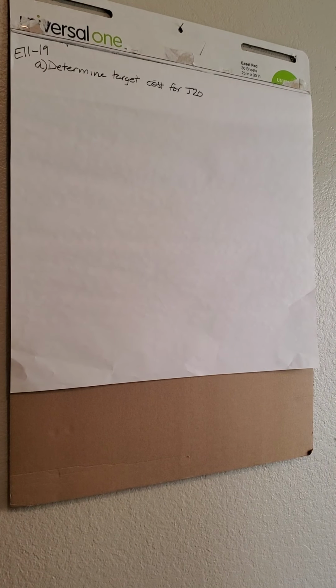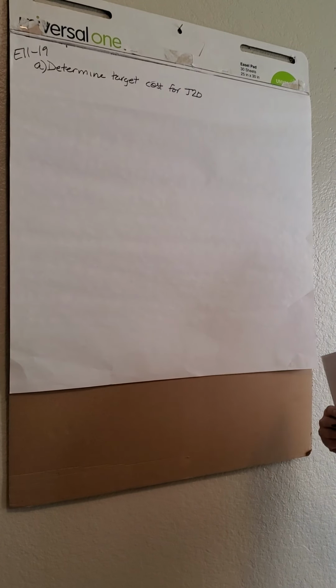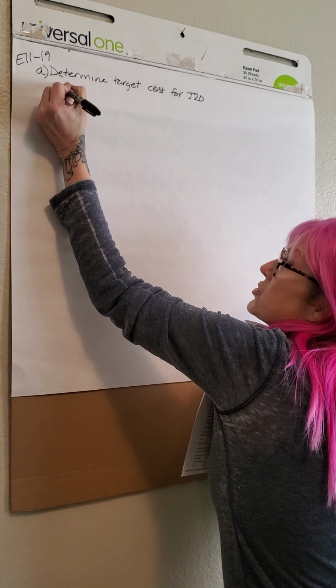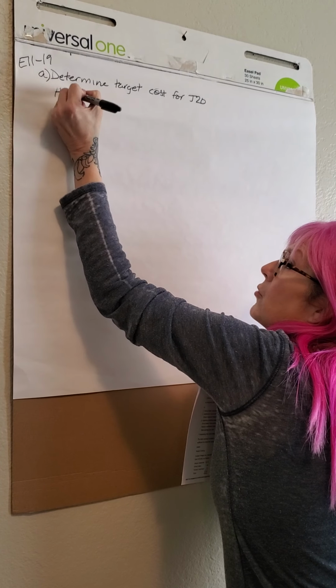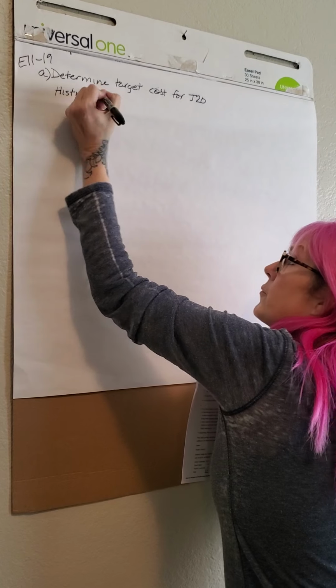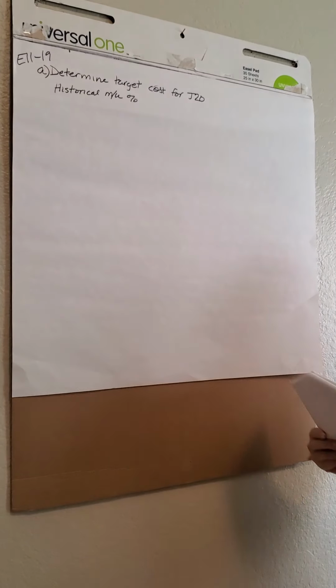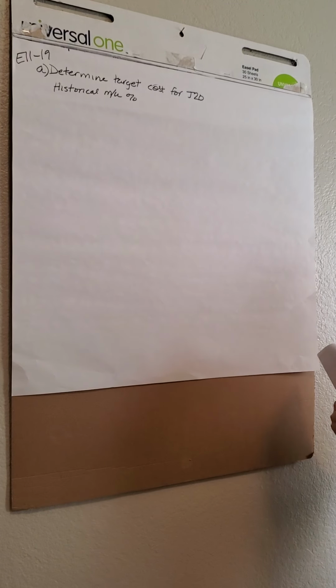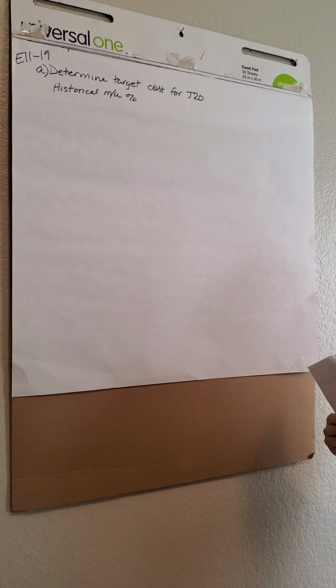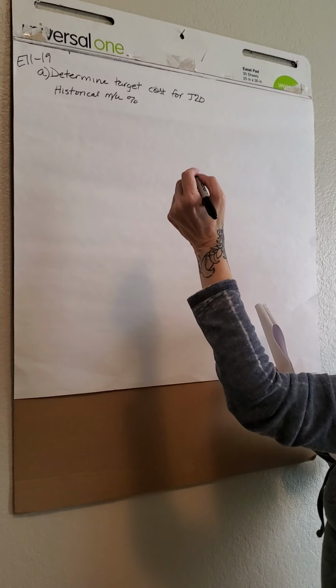And so we can look at our historical markup percentage. So we've got our historical markup percentage, and that's on product cost.